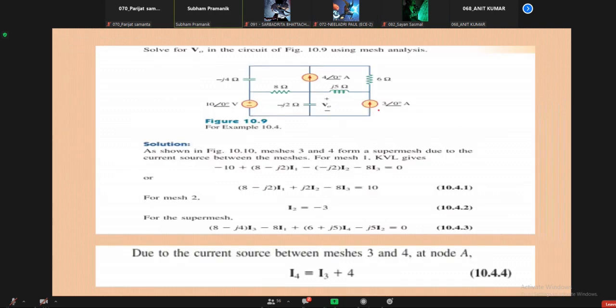See the circuit. There is a current source which lies at the perimeter here. This is, suppose, I1. This is, suppose, I2. Let's say this is I3, and this is I4. So let's denote the current in this way.